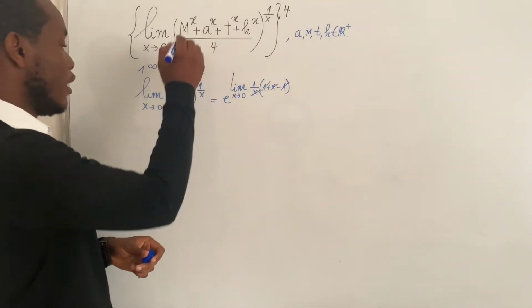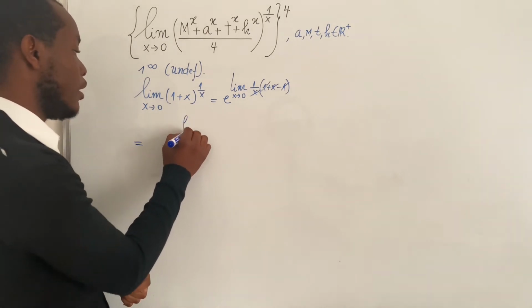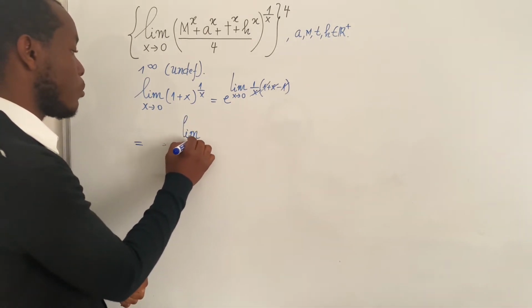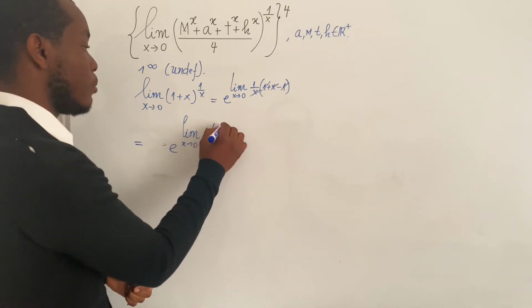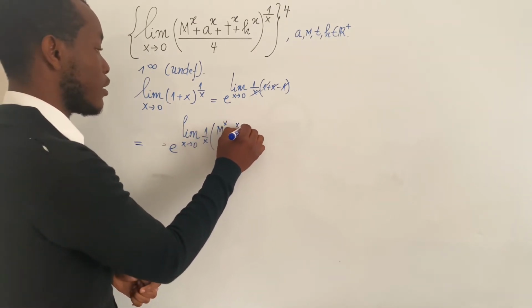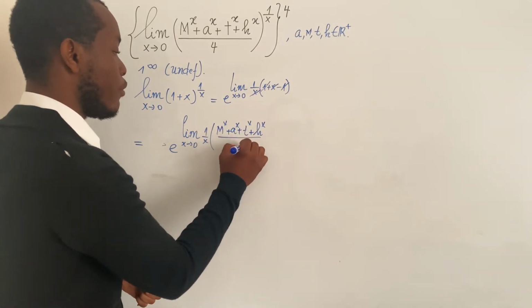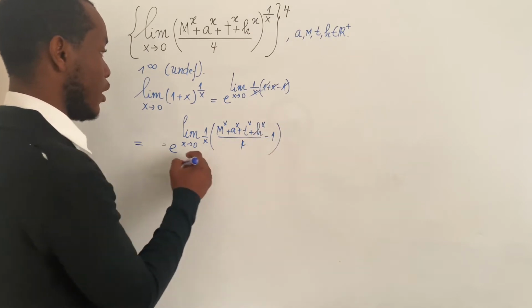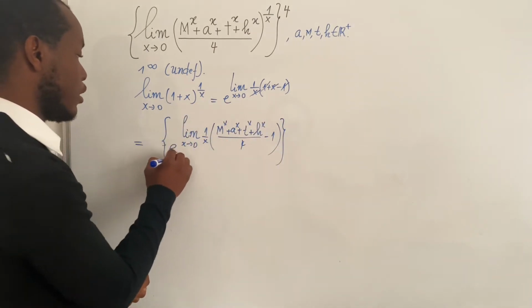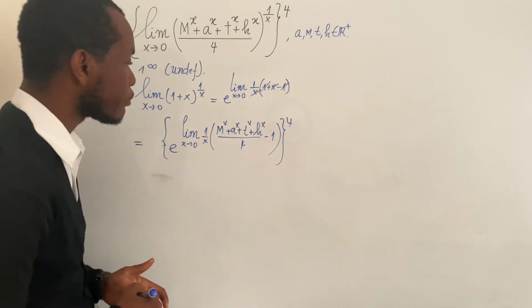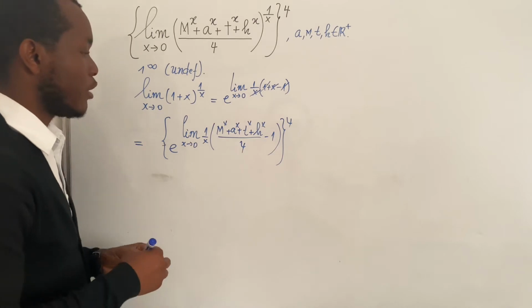So the inner limit will be equal to Euler to the limit when x approximates 0 of 1 over x times (m to the power x plus a to the power x plus t to the power x plus h to the power x over 4 minus 1). And all this limit is to the power 4. That's what we have in this limit.